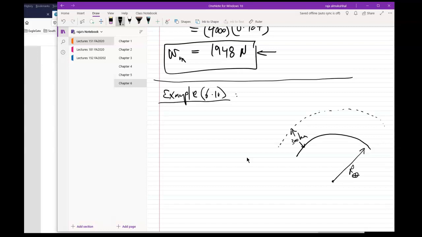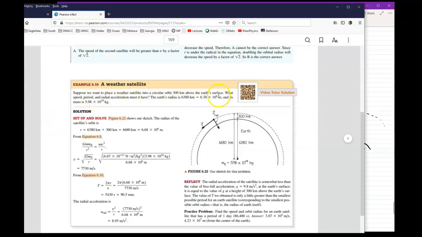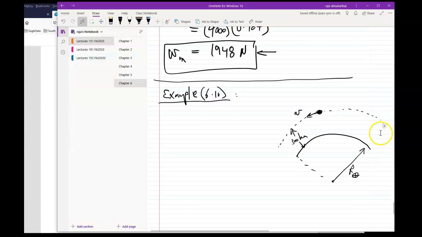And here is the satellite here, and let's assume it's going this way. Okay. And the question is, what is the speed, period, and acceleration of it? Okay. All of that. All right.